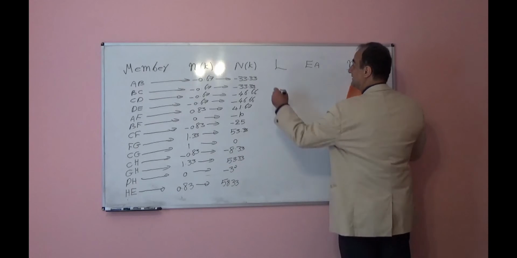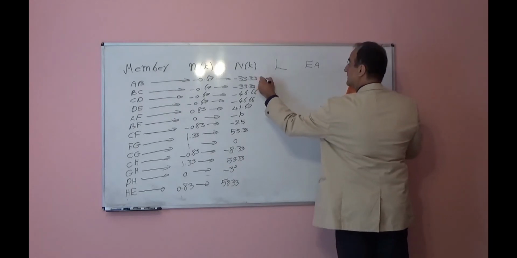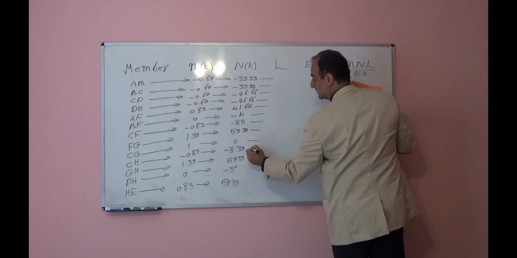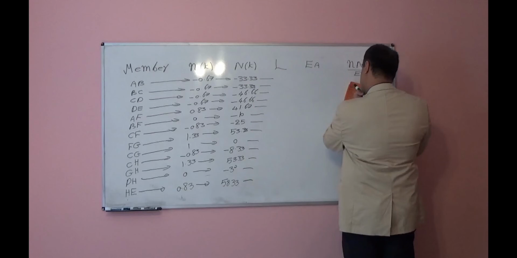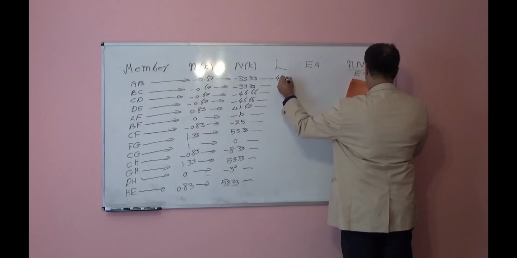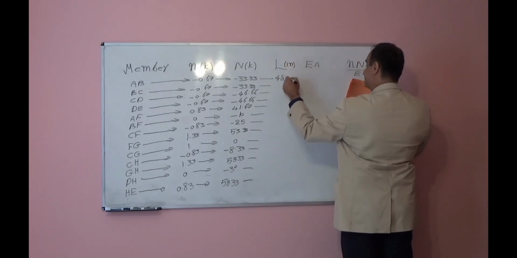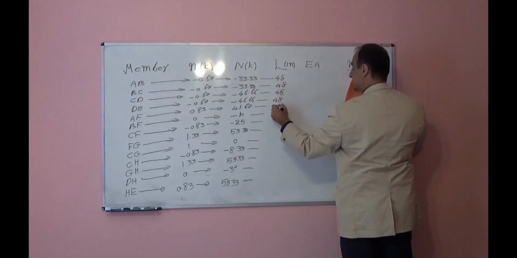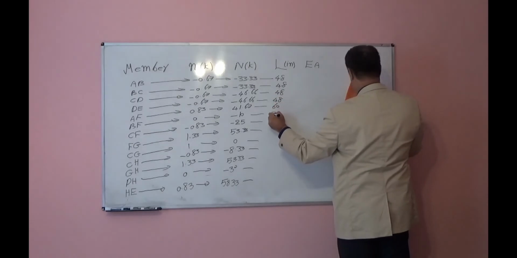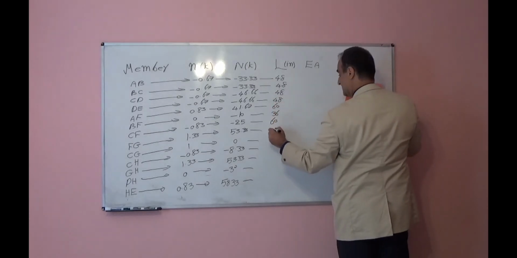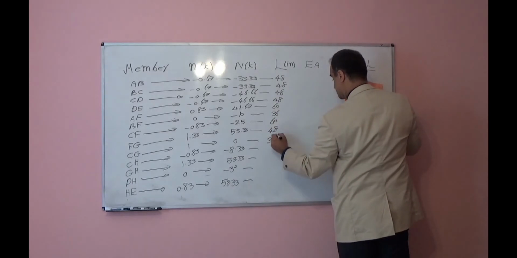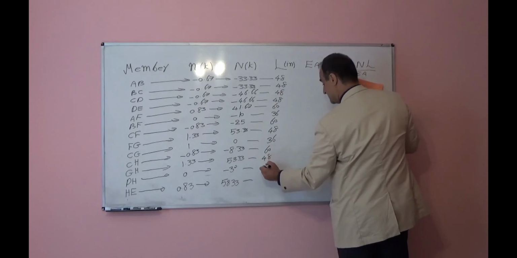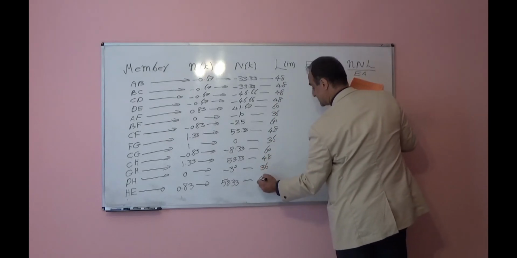Then you will write the length for each member. You will calculate the length for each member: 48 inch, 48, 48, 48, 60, 36, 60, 48, 36, 60, 48, 36, 60.